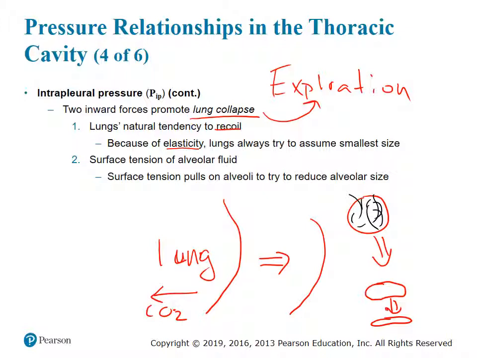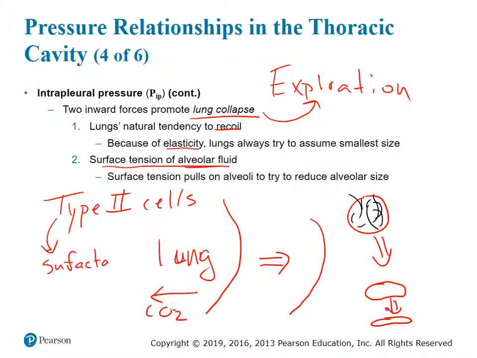And of course, you have the surface tension of the alveolar fluid. These are, in fact, type 2 cells, if you remember this from part A of the chapter, or earlier in the chapter.